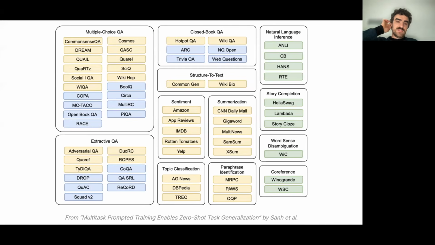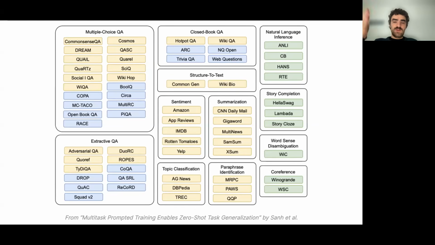So in our case, we separated out tasks into multitask training categories and held out categories. The trained on categories are shown in yellow and blue, and the held out categories are shown in green. And so you can see that we're ultimately going to be testing the language model on a diverse set of capabilities like natural language inference, story completion, word sense disambiguation, and co-reference resolution.